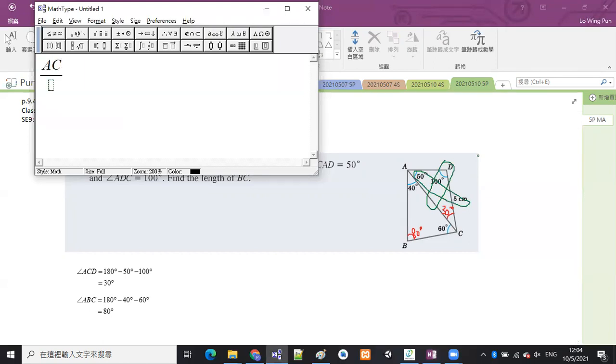AC divided by sine what? Should be 100 degrees, is equal to the other pair, that should be 5 cm on the top, divided by sine 50 degrees.